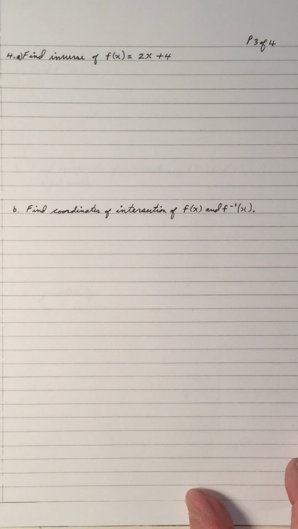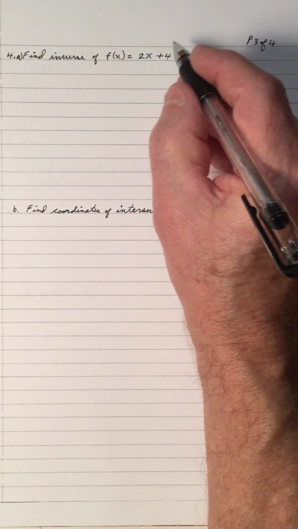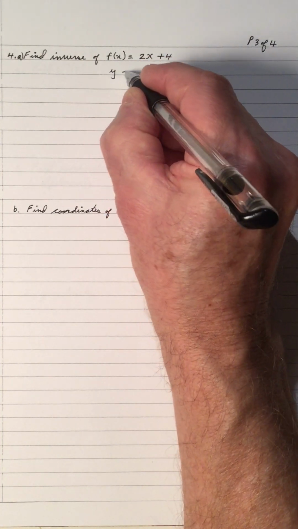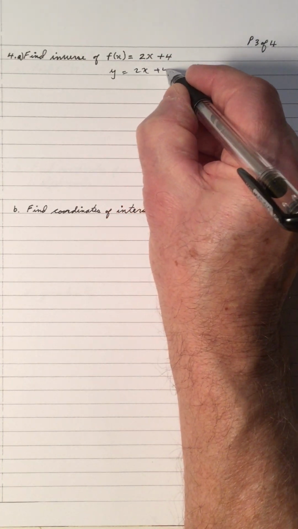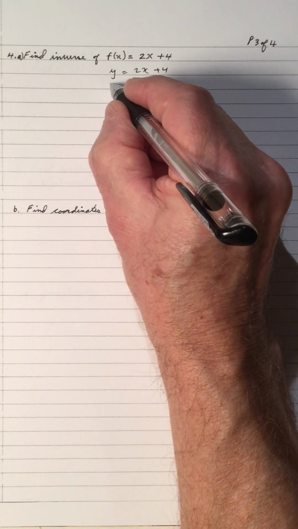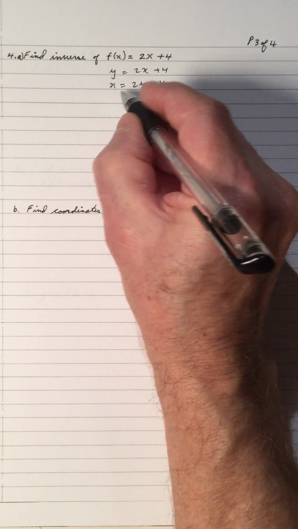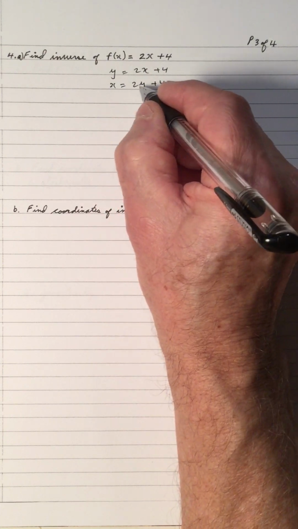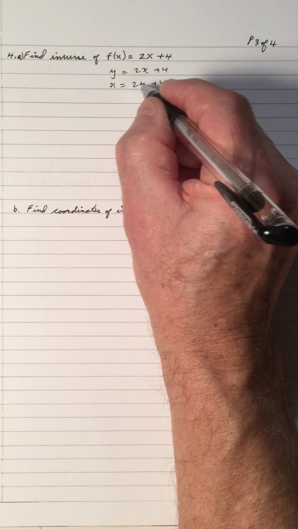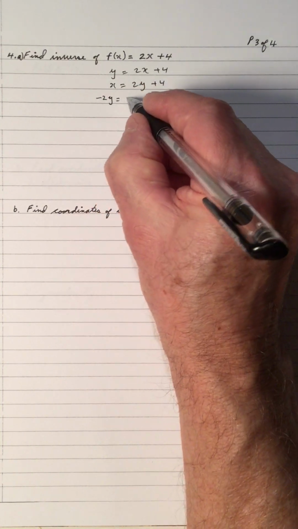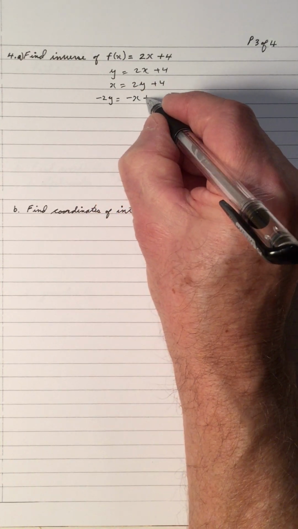Number 4, find the inverse of f of x equals 2x plus 4. And again, this is a linear function, so we change the f of x to a y. We change the y to an x and an x to a y. Solve for y, so I'll leave the y there. Now if I want, I could move the y over here and move the x.